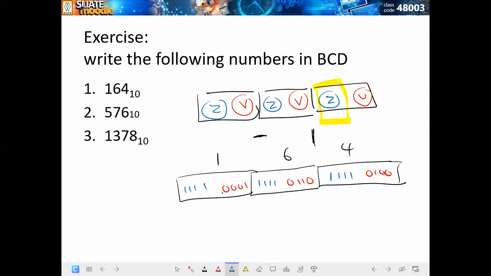Okay, then my next question is this one. For the second one, please write minus 576. You have to use zone decimal format.